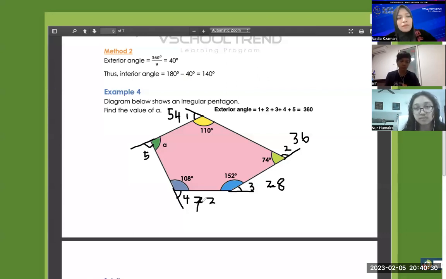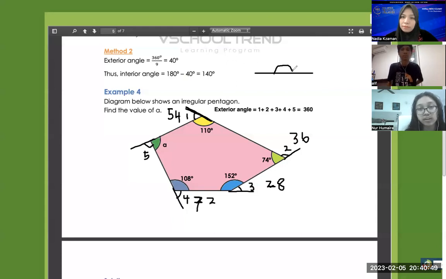In terms of an irregular polygon, to calculate an exterior angle, we draw a straight line here. What will be the angle of a straight line? 180. So when it is 180, you have 110 here.